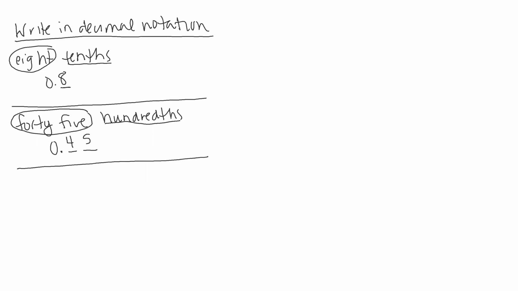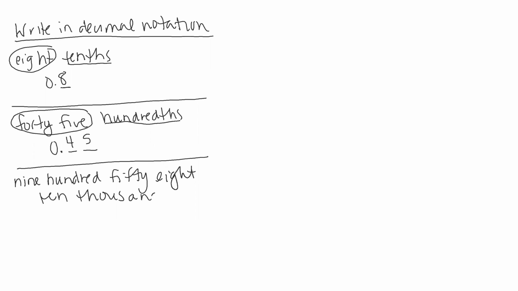Let's say we have 958 10,000ths. So again, just like the first two examples, we don't have the word and, so we don't have a number before the decimal point.